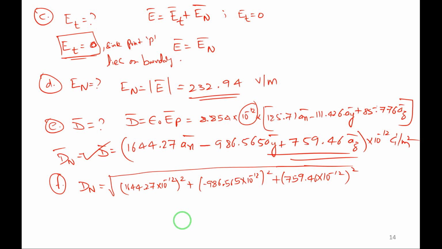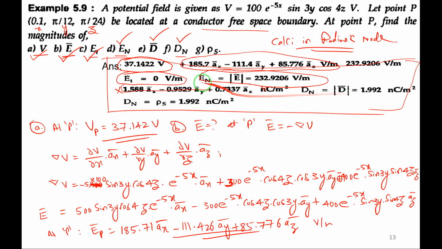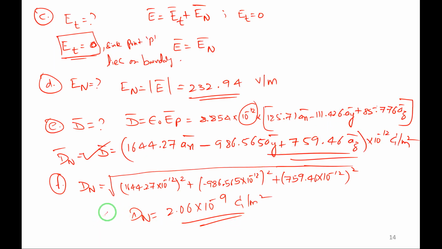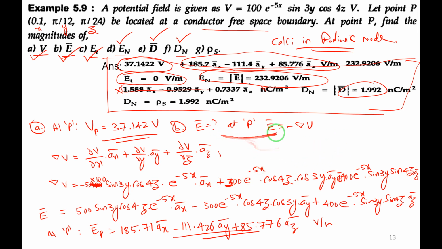I think I've taken my exponential minus 12 everywhere. Yes, it's fine. So I'm getting Dn equal to 2.06 into 10 power minus 9 coulomb per meter square, right? So the answer will not tally because they have the vector itself wrong, so naturally they will get it wrong here. 1.992 is almost 2, but they have calculated it wrong, right?